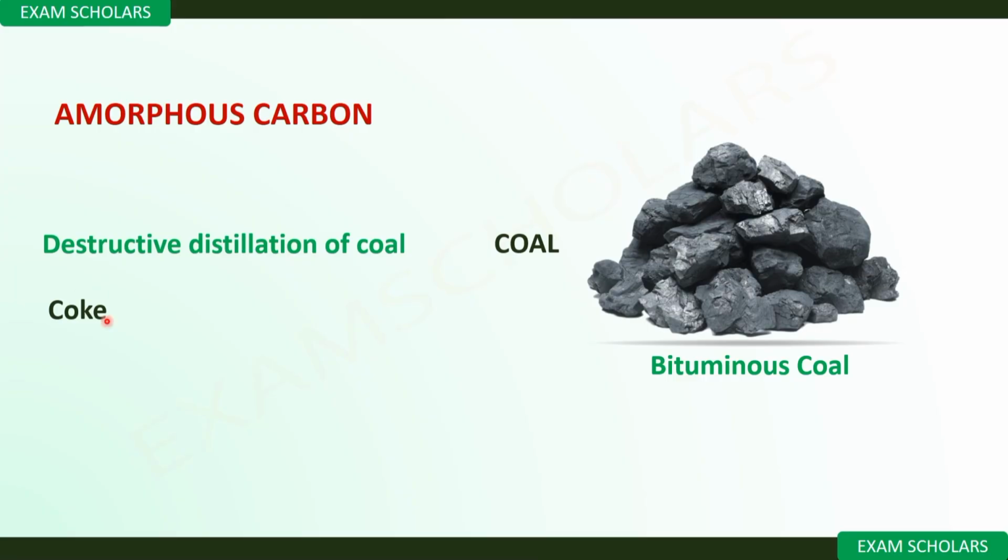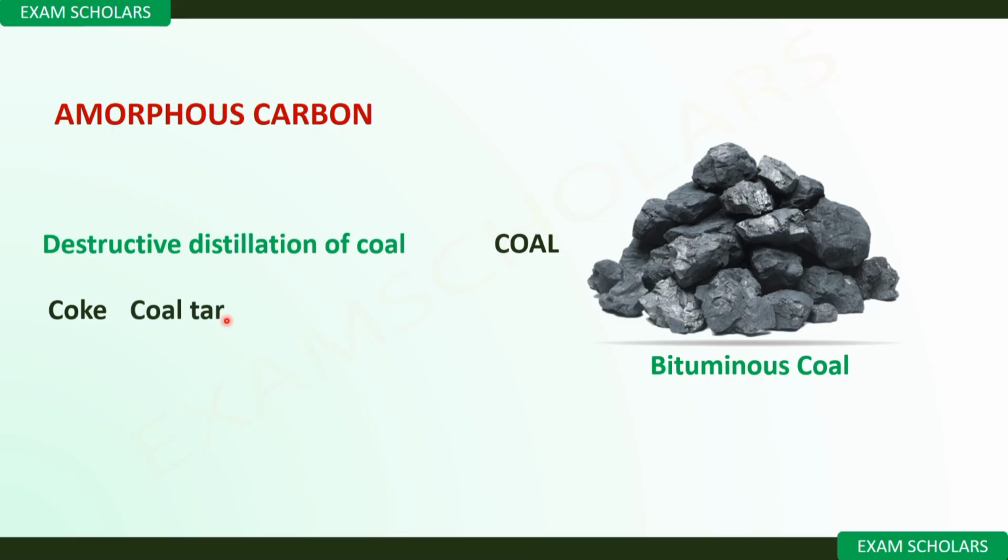It is not the coke that we use to drink. Coke is still like this, but all the volatile compounds inside bituminous coal have been vaporized. So you are left with coke, which is still a pure form of carbon. It is not 100% pure, but we now have coke.